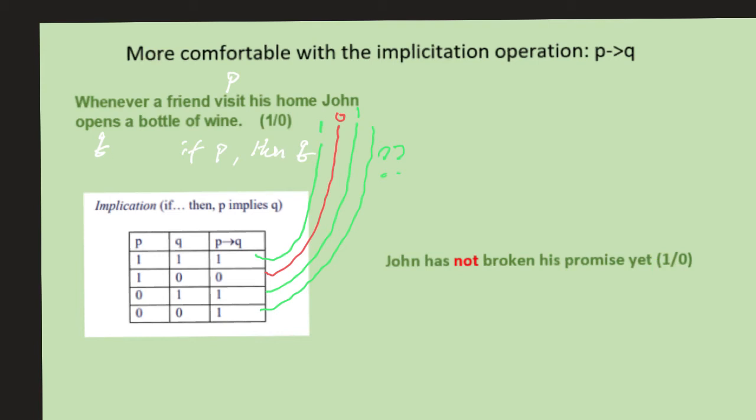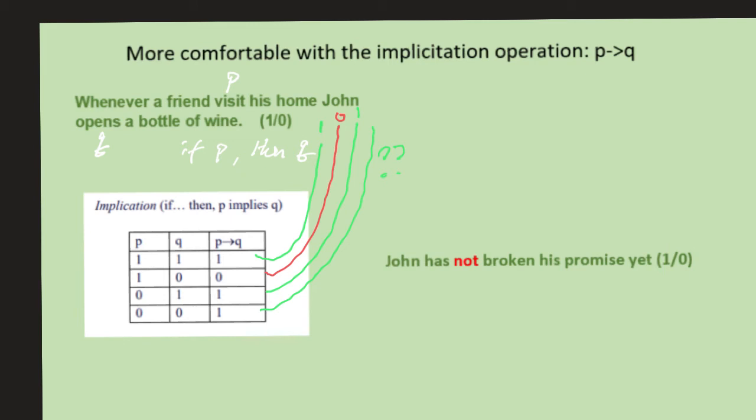And of course, if nothing happens, then nothing happens, and this true should be that John has not broken his promise yet. Even in the first case, John opened the wine because some friend visited, and still John didn't break his promise.